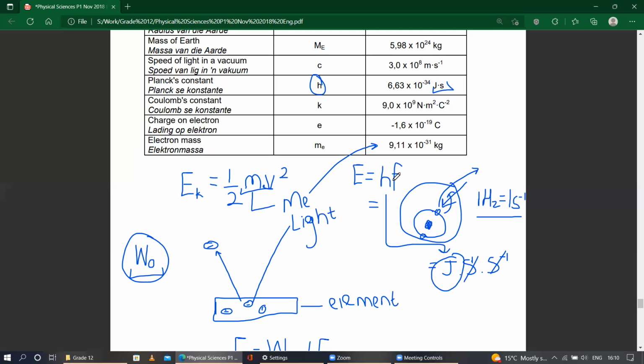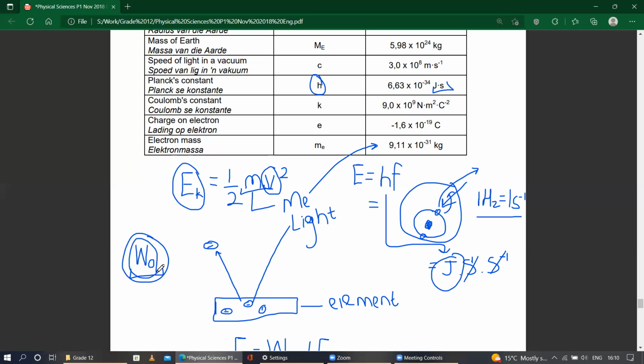Okay. So mostly in this section, you're gonna have to know how to calculate the velocity. You're gonna have to know how to calculate the kinetic energy. And you need to know what your work function is, which is the minimum energy required.